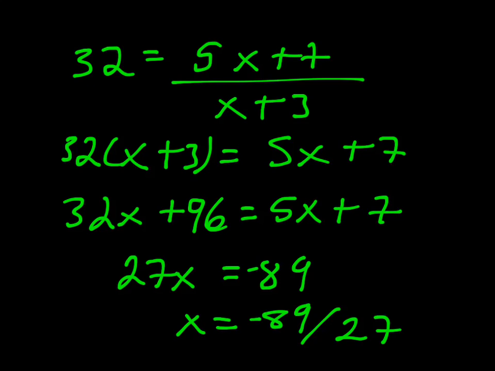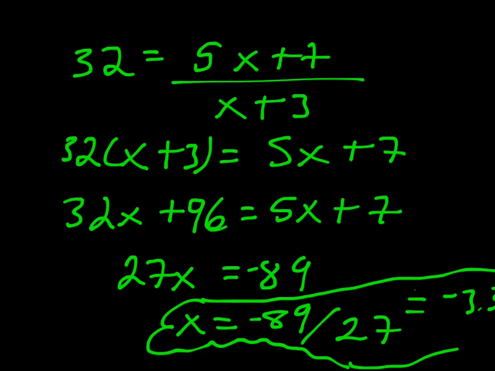That should have been negative 89. Sorry, because when you take 96 over, it's going to become negative, subtract it. So then we can look at our restrictions. Let's approximate this a little bit so it's easier. Negative 89 over 27 is about negative 3.3, so in that ballpark.